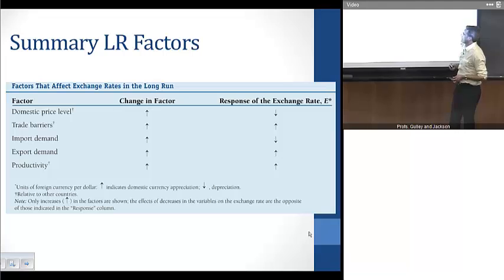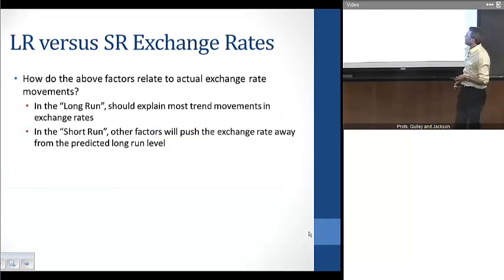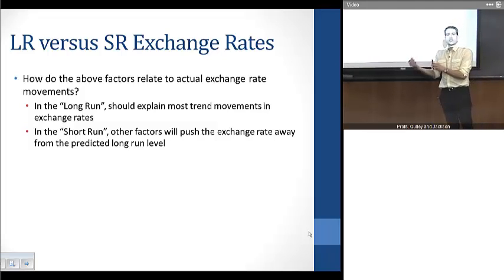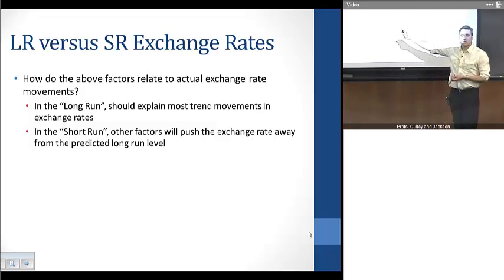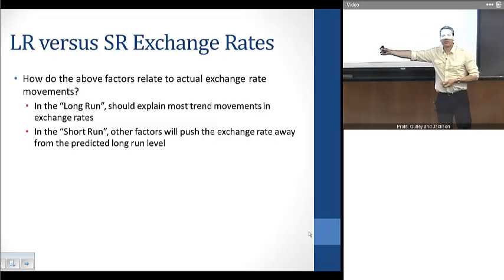This just gives a summary of some of the things that I talked about in terms of what would be driving the exchange rates. And so the punchline here is, again, thinking about what's driving exchange rates, and there's two sort of windows into this story. The first is what's driving exchange rates in the long run, which is what we just talked about here. And so that's going to be driving longer-term trends in the exchange rate.